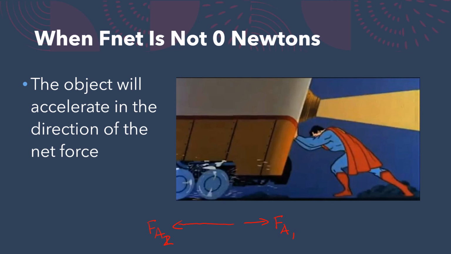Well, Superman's applied force is greater than the applied force of the train, so now my F net is going to be this way, and my acceleration, A, is to the left. Here's the thing though, even though the acceleration is to the left, it doesn't mean the train is going to turn around and go that way. The train has a velocity in this direction. Velocity is to the right, acceleration is to the left, what's going to happen? Well, it's going to slow down. That's what's going to happen.